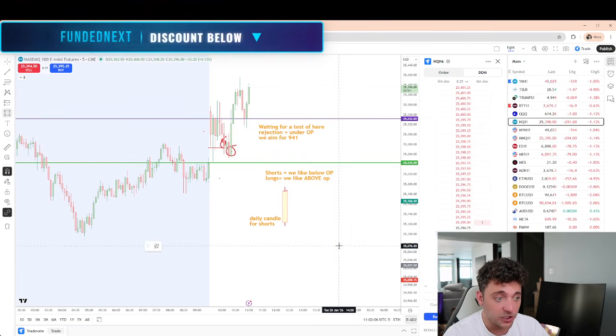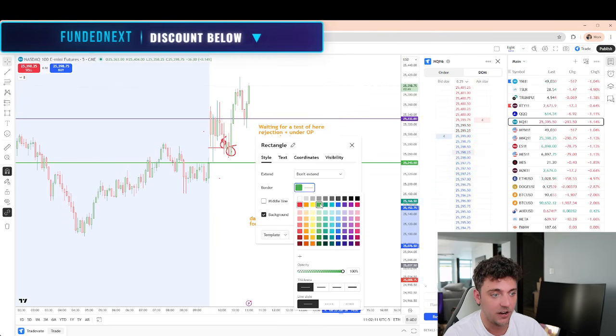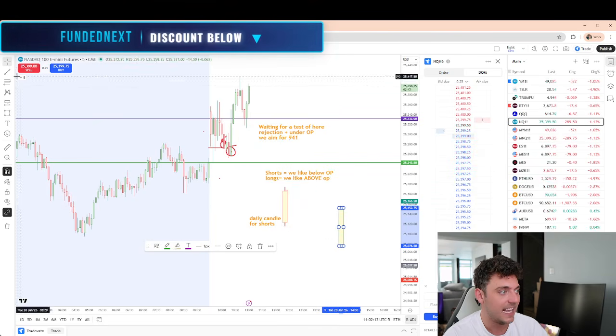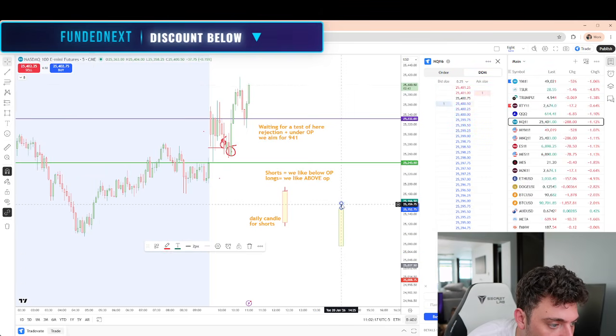For longs, the only way you'd be willing to long is in the flip case scenario. When we have a daily candle that is green, aka we are above the opening print.